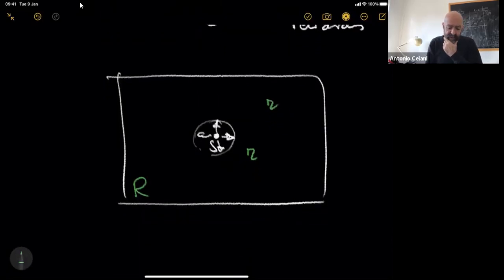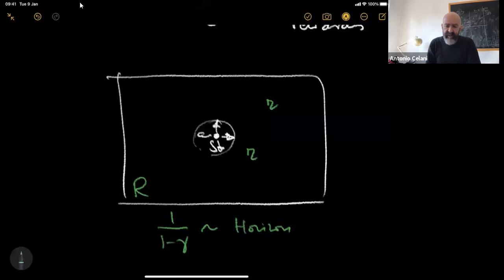Like I told you, the number 1 over 1 minus gamma is essentially the horizon. So you can expect that if you set gamma, for instance, equal to 1/2, the only thing you care about on average is what happens over 2 time steps. The typical time you care for is 2.